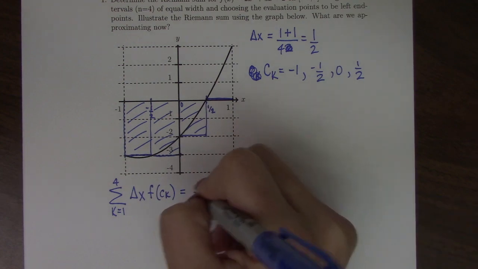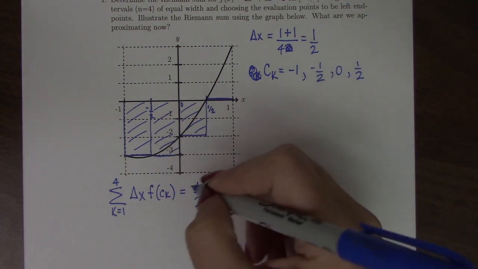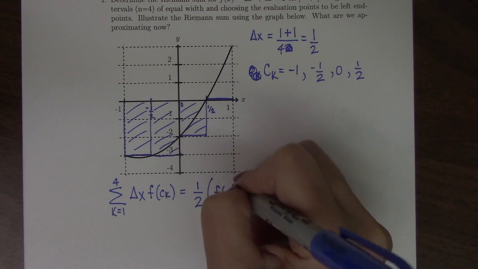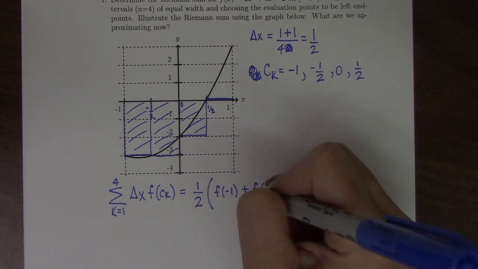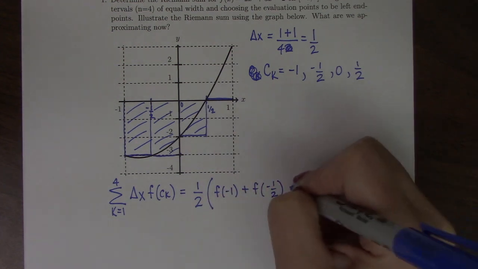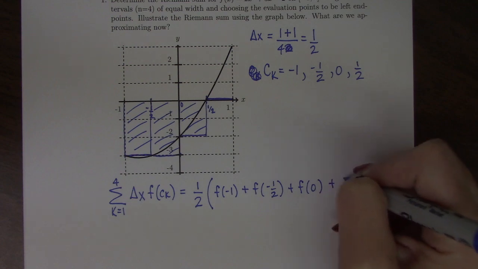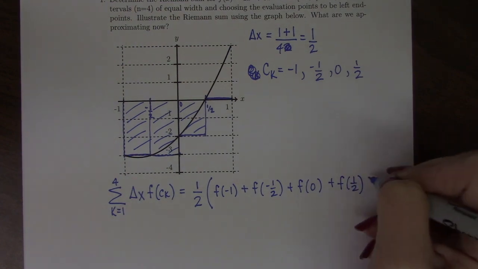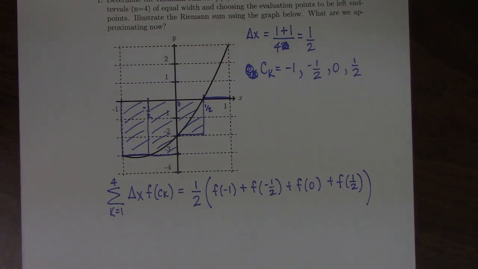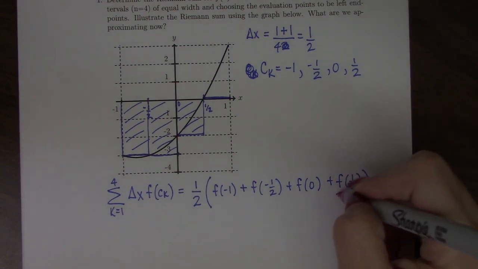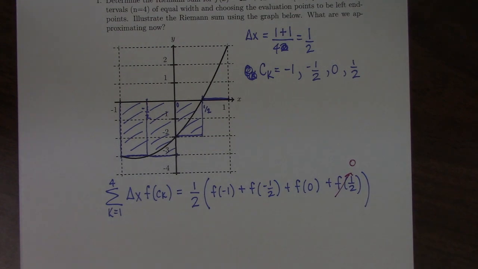So since my width is 1/2, I can just simply add up, this is f of negative 1 plus f of negative 1/2 plus f of 0 plus f of positive 1/2. I can actually see from the graph that f of positive 1/2 is just 0.